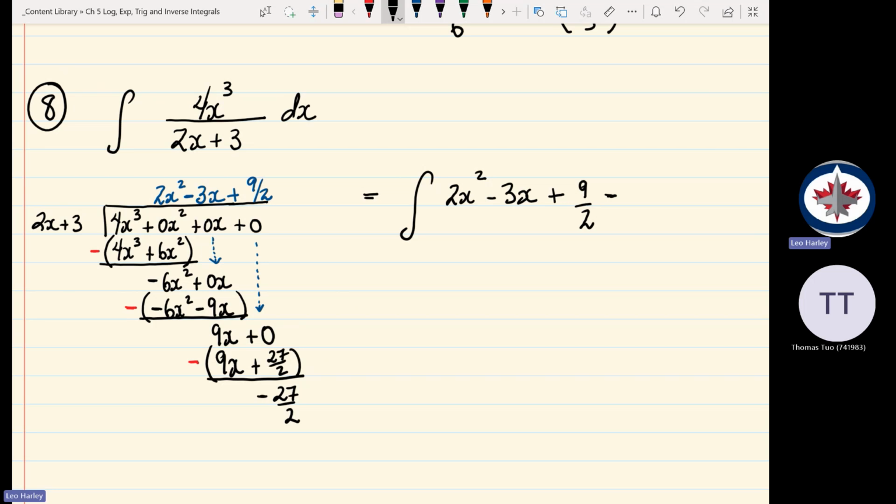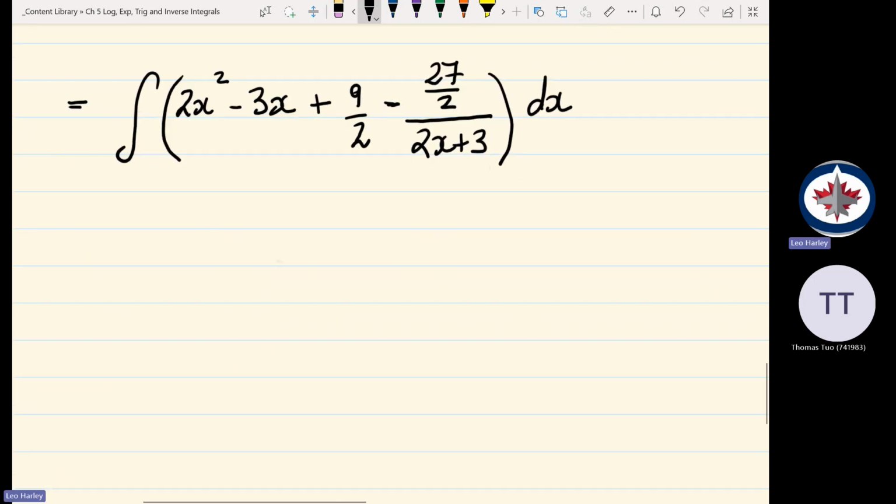When you do the remainder at the bottom, isn't the remainder always what you achieved over whatever it is that you're dividing by? So it's going to look like minus 27 over 2 over 2x plus 3. This is what we're going to find the integral for. Okay. Some of this is really tidy. All right. Well, how do we clean this nonsense up?